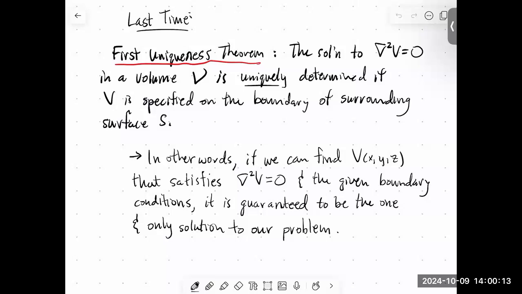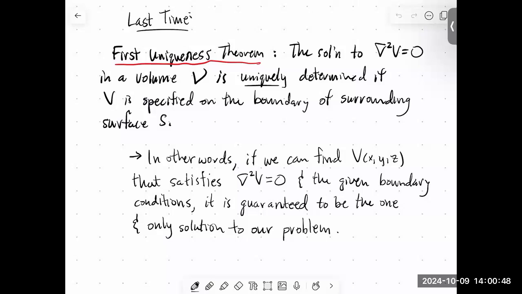Let me just remind you of what the first uniqueness theorem was, because that's the one we're going to take advantage of today. It said that the solution to Laplace's equation, del squared V equals 0 in some volume, is uniquely determined if V, first of all, satisfies Laplace's equation, and second, matches the boundary conditions on the surrounding surface S that encloses whatever volume we're interested in.